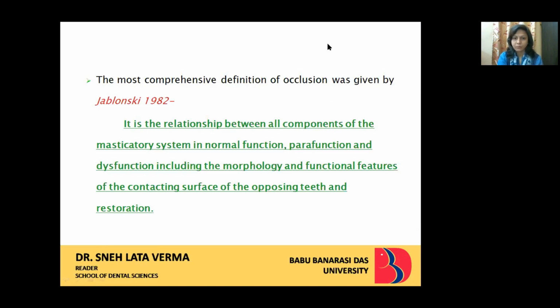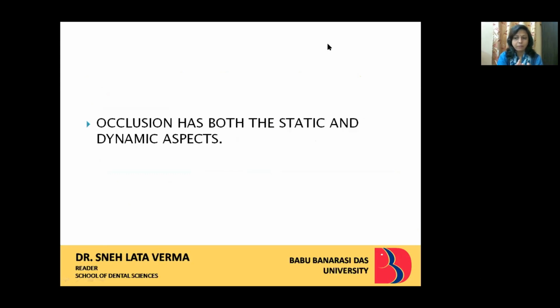So occlusion is the result of neuromuscular control of the components of the masticatory system, which includes teeth, periodontal structures, and the maxilla, mandible, TMJ, and their associated muscles and ligaments. All these components make the occlusion functional.